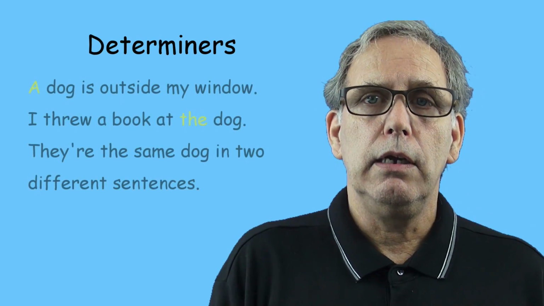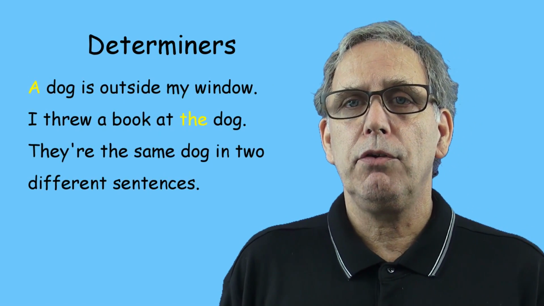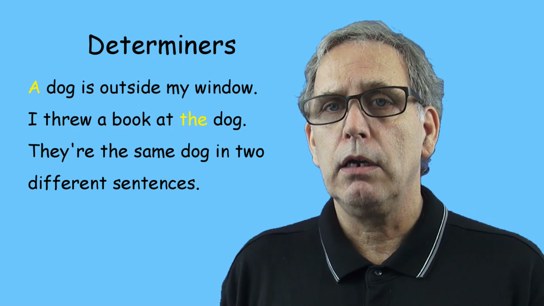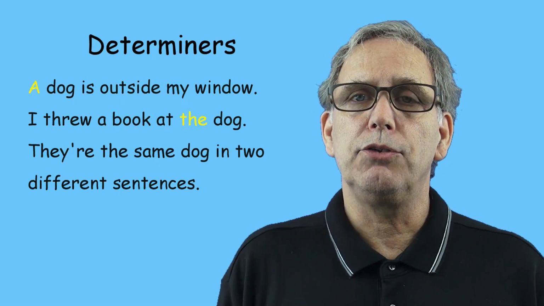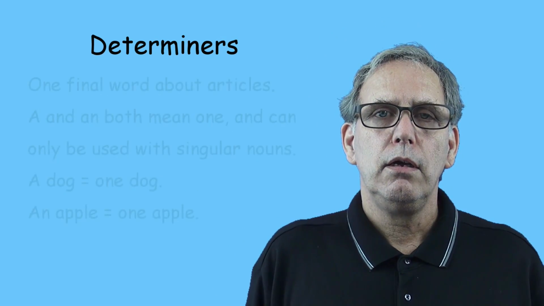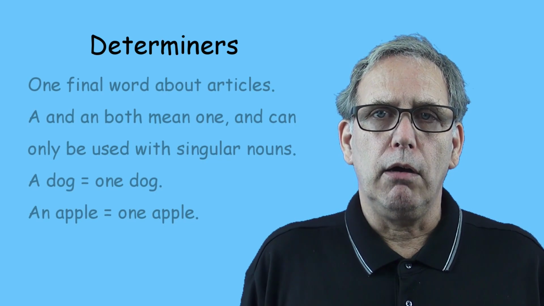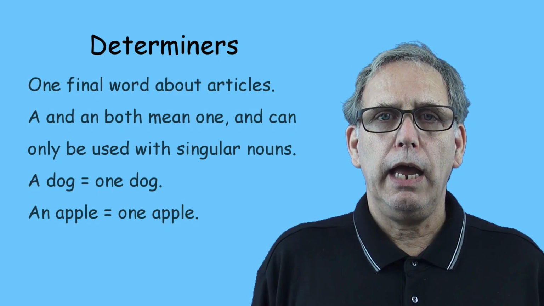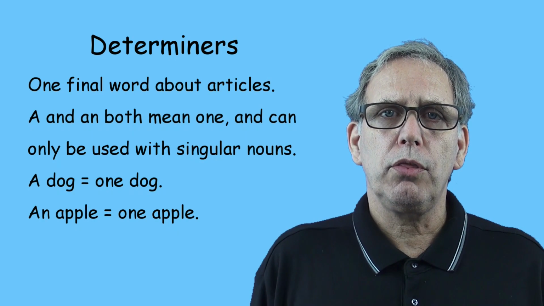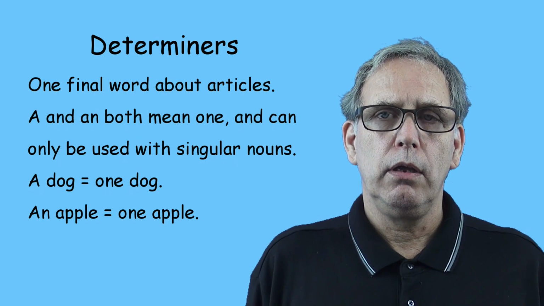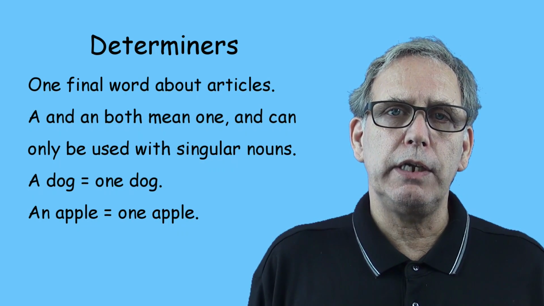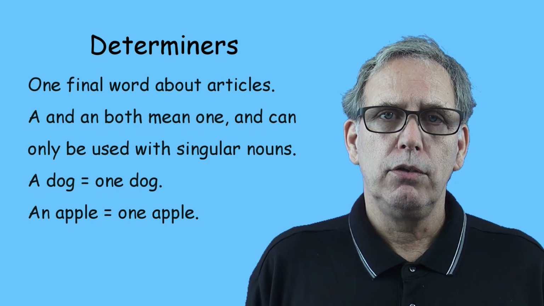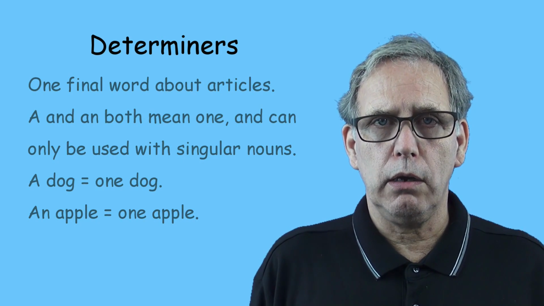A dog is outside my window. I threw a book at the dog. They're the same dog in two different sentences. One final word about articles. A and an both mean one and can only be used with singular nouns. So a dog, one dog.